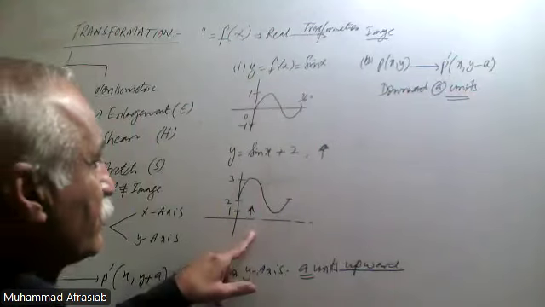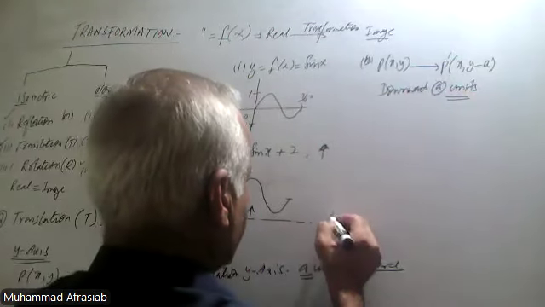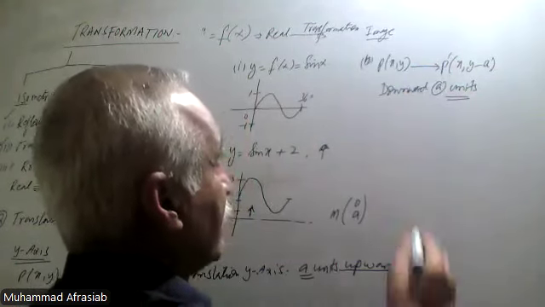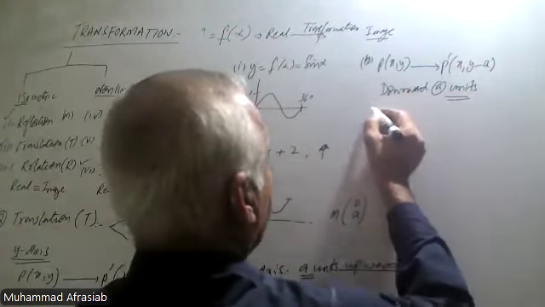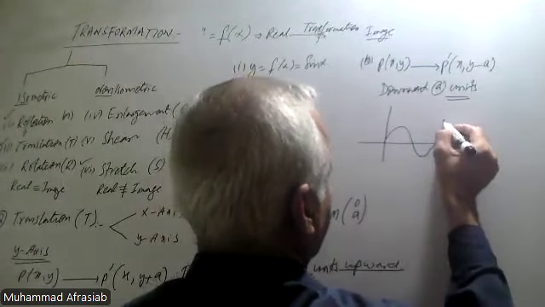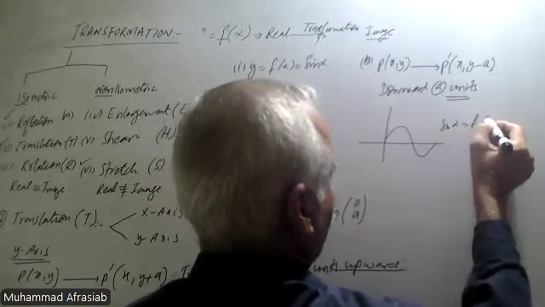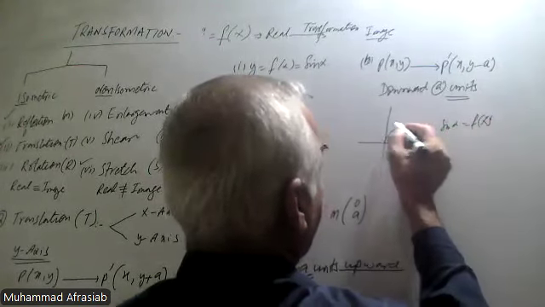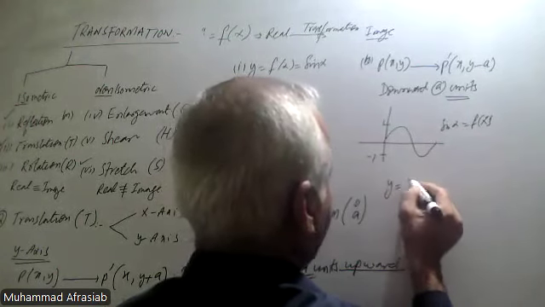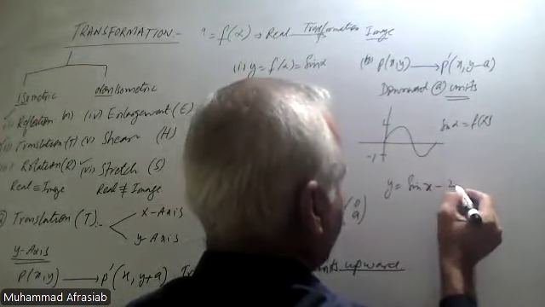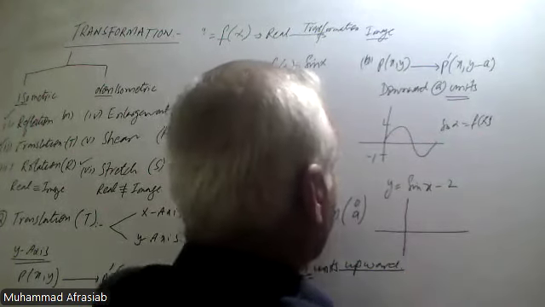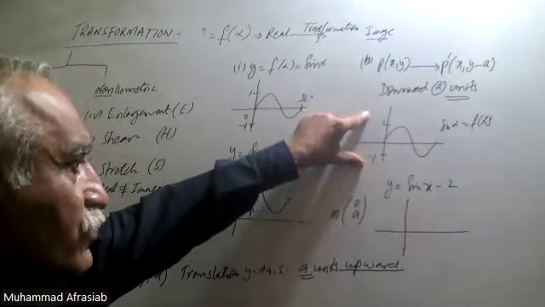And the matrix for this portion is 0 and a. And for this case now, let's say the sine of x is this graph, which is equal to f of x. Then the graph of y is equal to sine of x minus 2 will be this graph of sine of x 2 units downward.